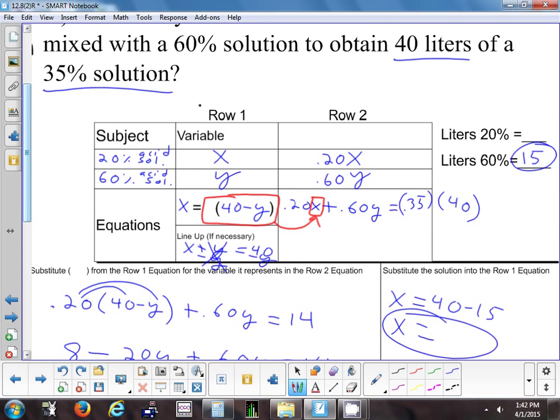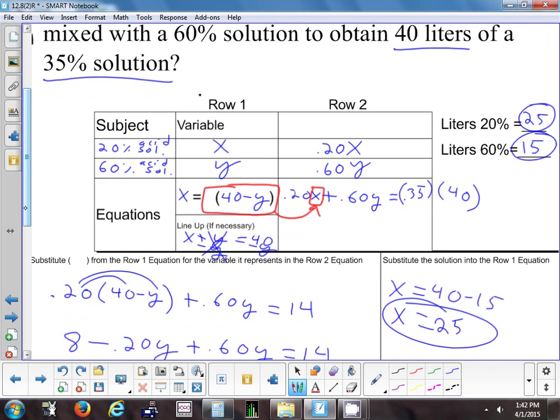So how many liters of the 20% do I need? 25. Okay, so if I have 25 liters of the 20%, and I mix that with 15 liters of the 60%, I'll get exactly what they want. A total of 40 liters, and the strength of it will be 35%.